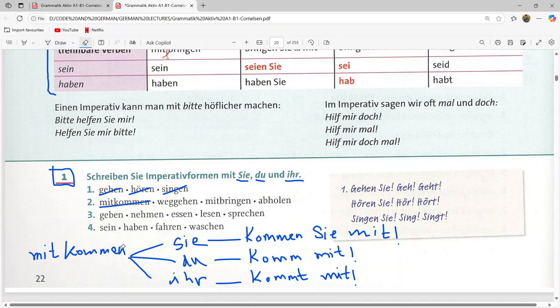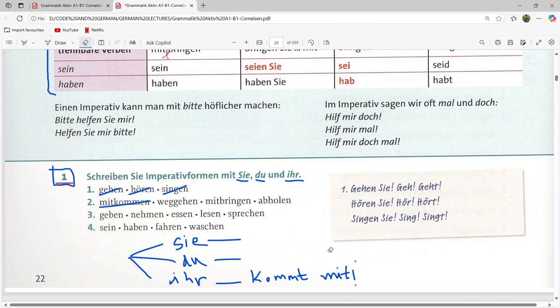Okay. Next one, gehen. So it is also a trennbares verb. So the verb is gehen.